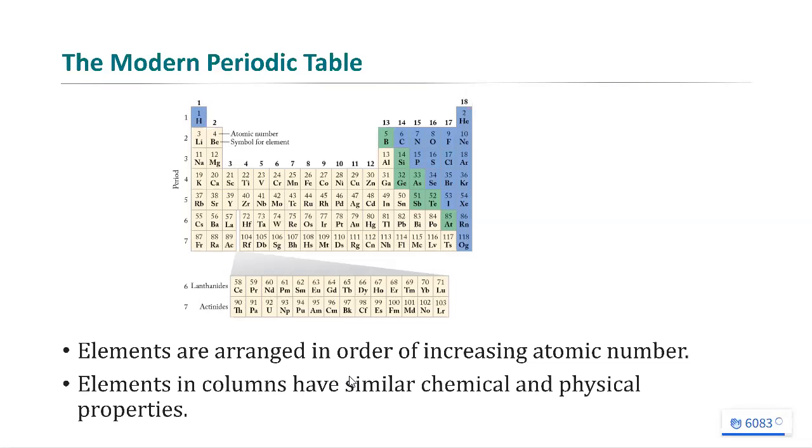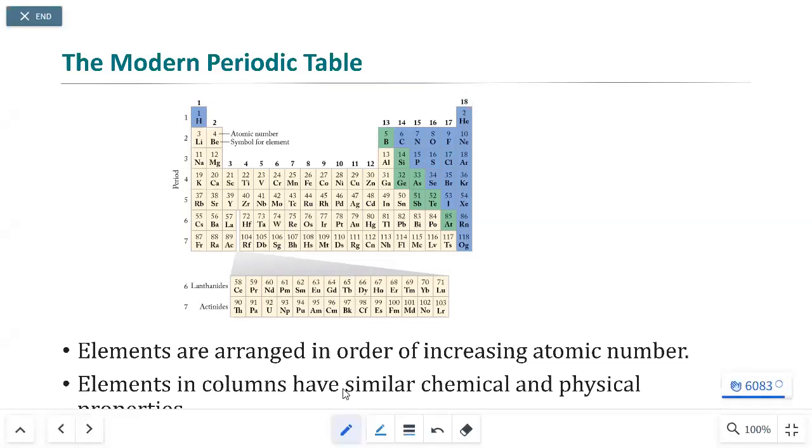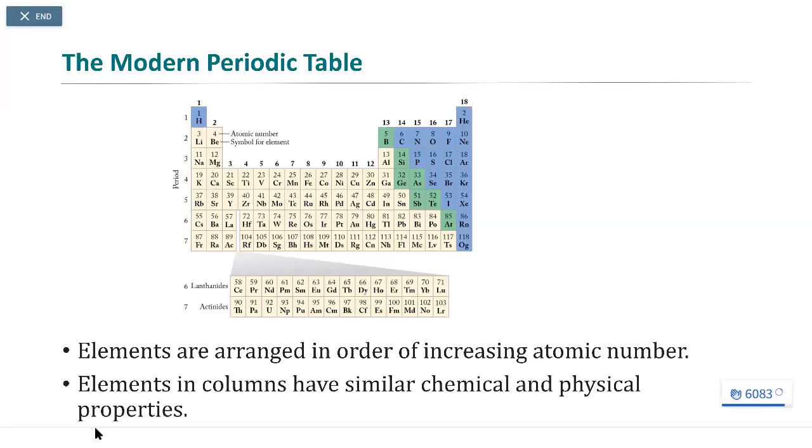Because there are a couple of places, and if you look closely on the periodic table, you'll see that there are a couple of places where things don't quite match up the way that they should. But when we arrange it by atomic number, what we'll find is that everything works out very, very well in terms of columns. Elements that are in the same column have similar chemical and physical properties. And that's important to know because that tells us, okay, they belong together, they have certain common traits.